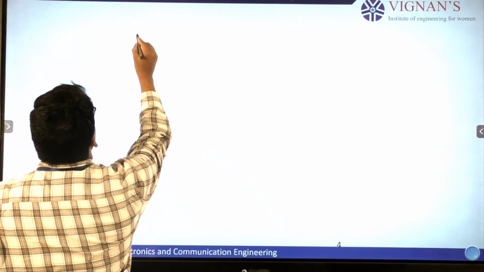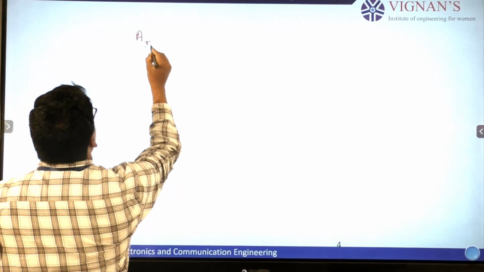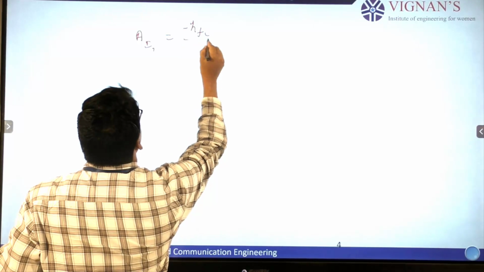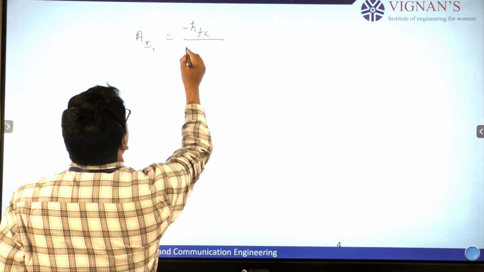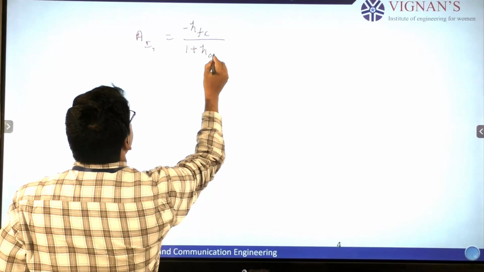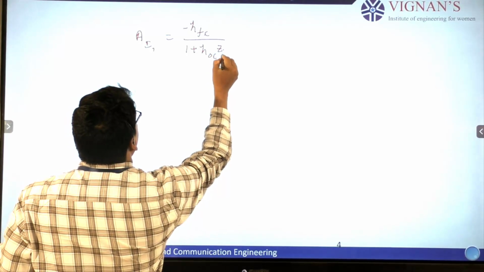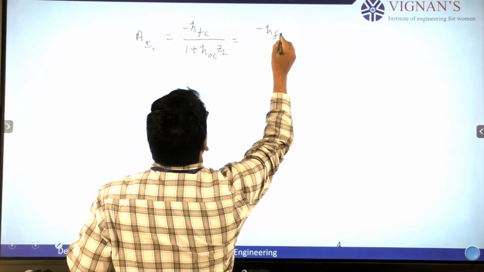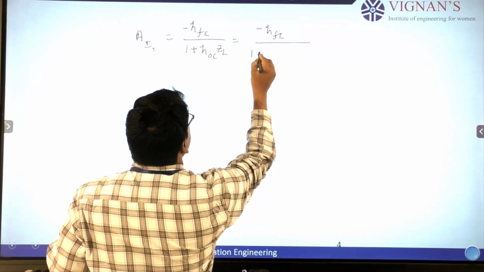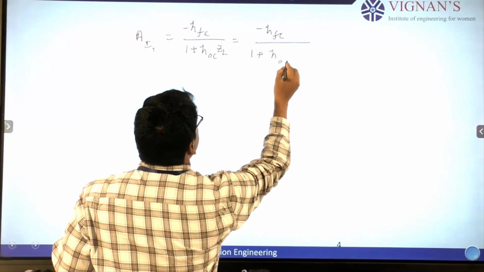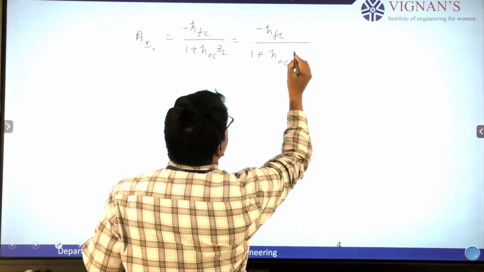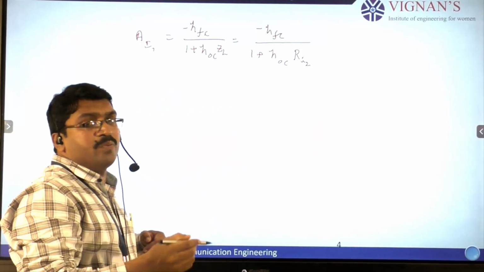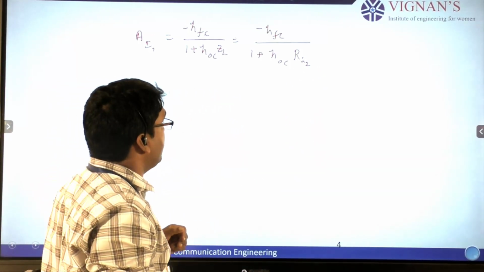If we go for exact analysis, the formula is AI1 equal to minus hfc by 1 plus h0c ZL. Here, in the place of ZL, we have Ri2, the input resistance of the CC amplifier.